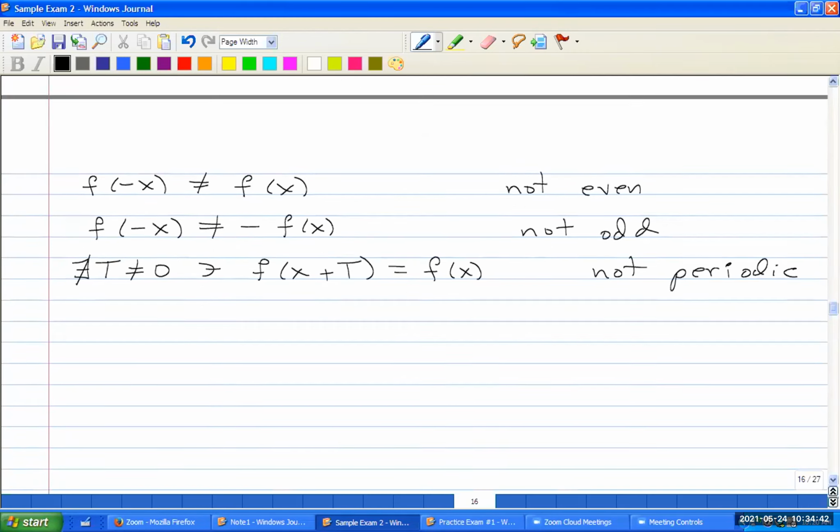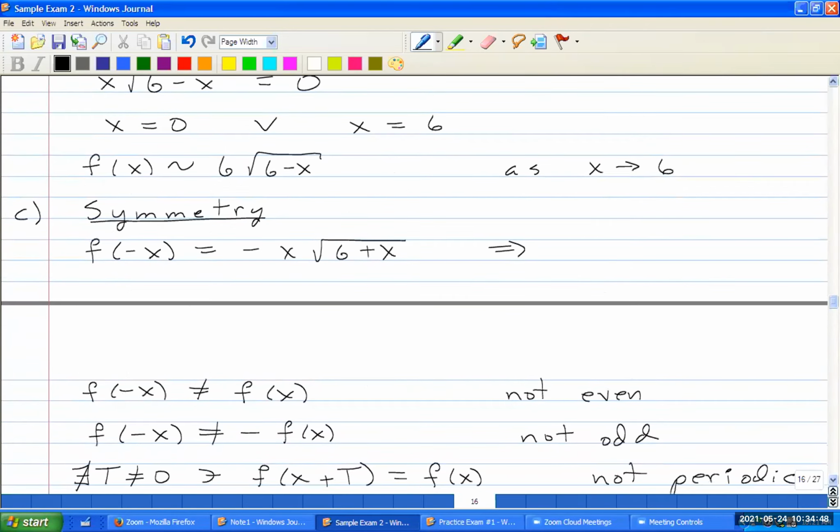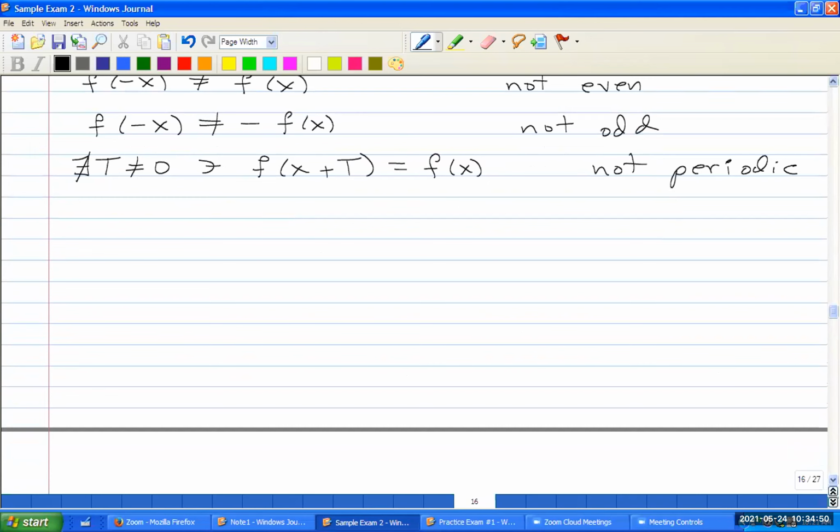Let's do, that was C. Yeah, so C gave us nothing. Let's do D. Okay, so part D, determine the asymptotic behavior.